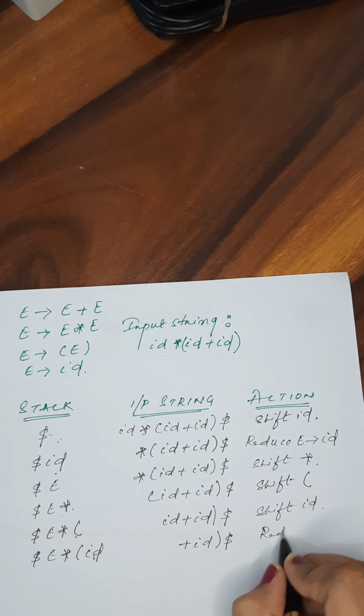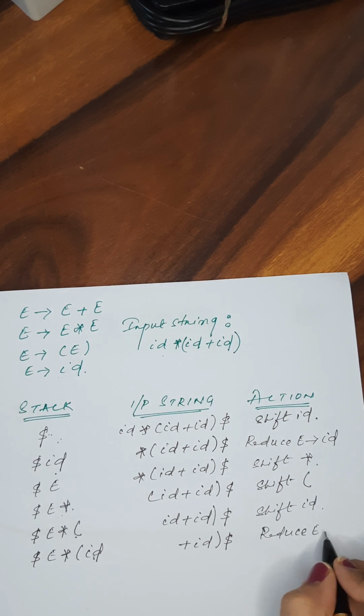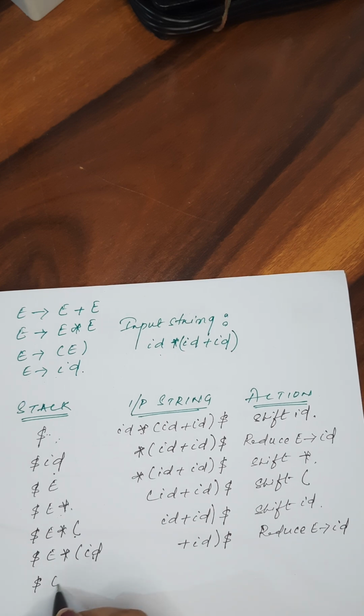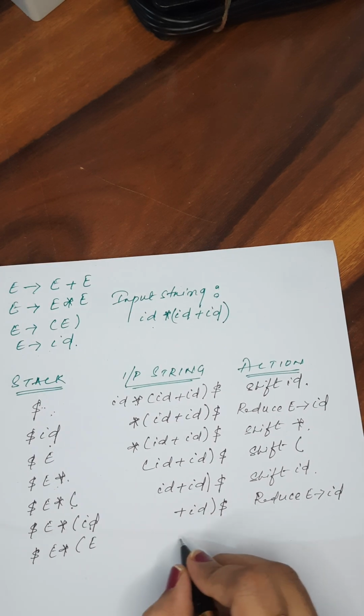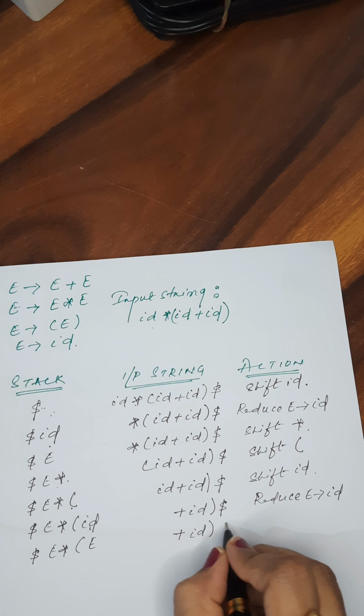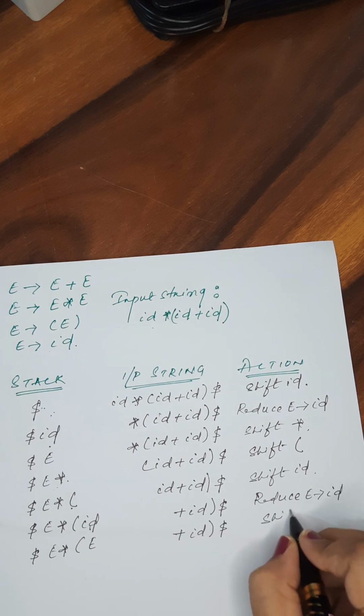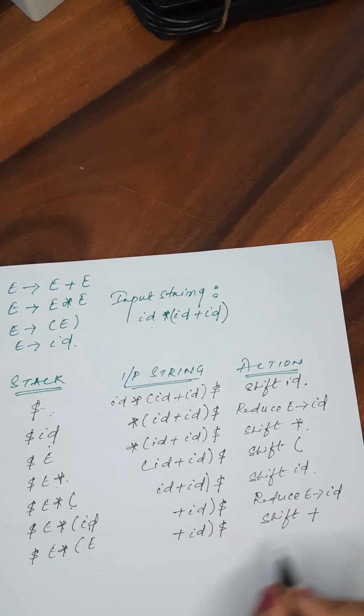Then it will perform reduce E tends to ID. Okay. So, here what will I write? Dollar E star bracket, then ID will be reduced by E. Okay. Then what is here? Plus ID bracket dollar. Then shift plus.